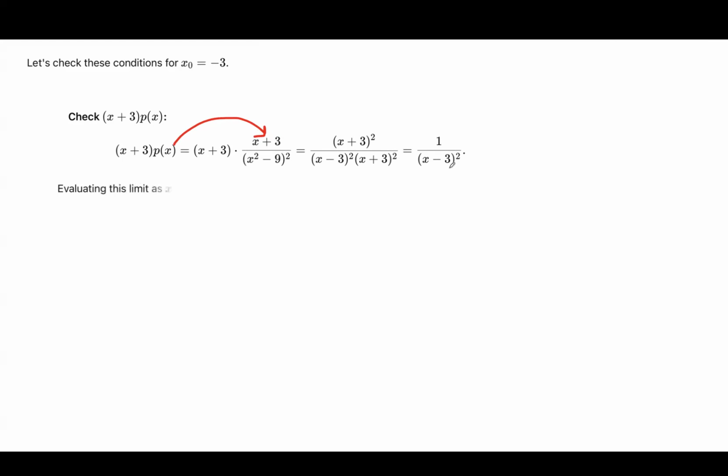Evaluate the limit as x goes to -3. Simply because the denominator doesn't include 3, it means that we can plug in any other number into this quadratic expression on the denominator, and we get 1 divided by 36. So the limit exists.